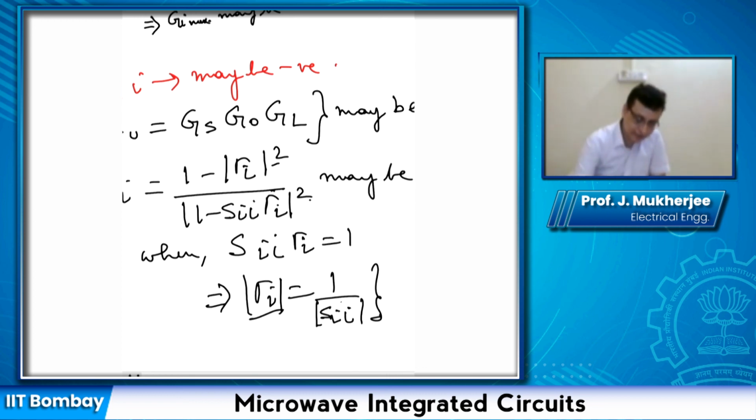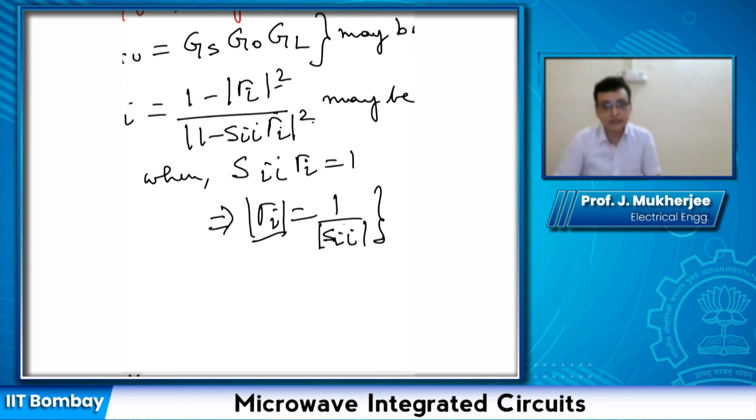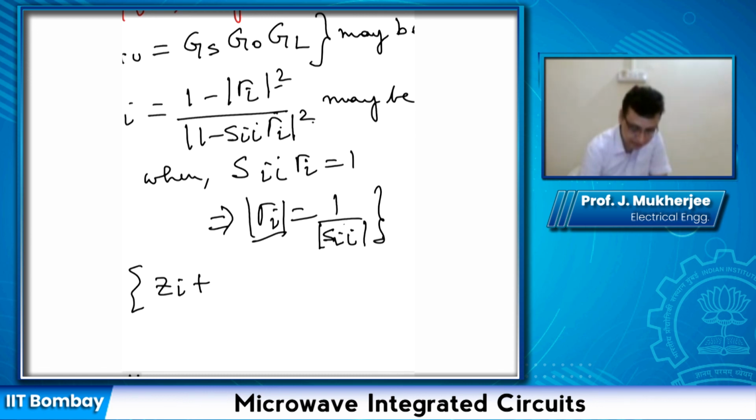So for stability, we go back to the original definition of stability, which is real part of Zi plus Zii must be greater than 0. Here Zii actually represents Z in or Z out.